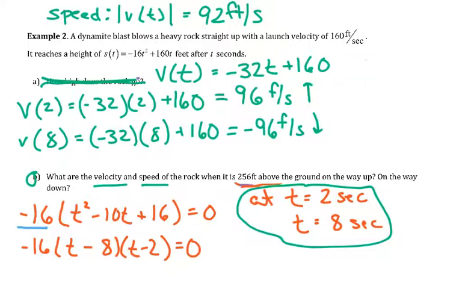So how did we do this? Well, this time we had to use the position function to find out when it was 256 feet above the ground. Once we got the time, then we plugged it into the velocity function to find the velocity and the speed.